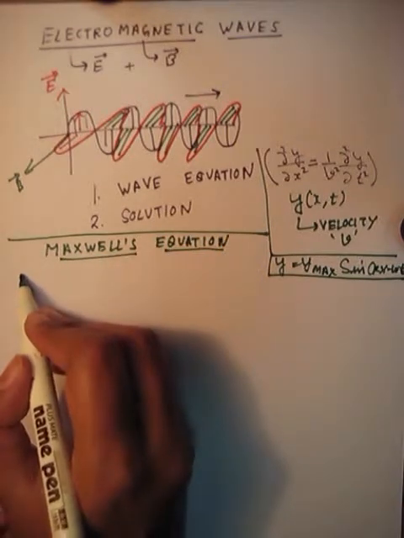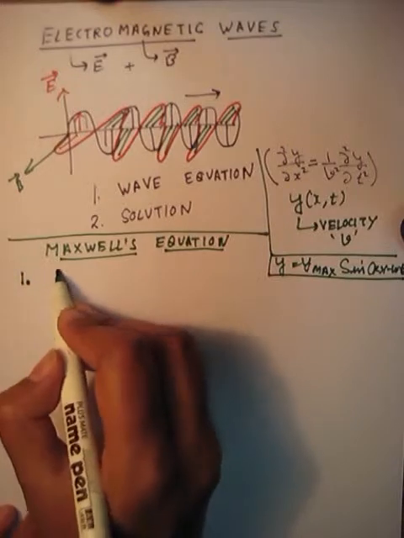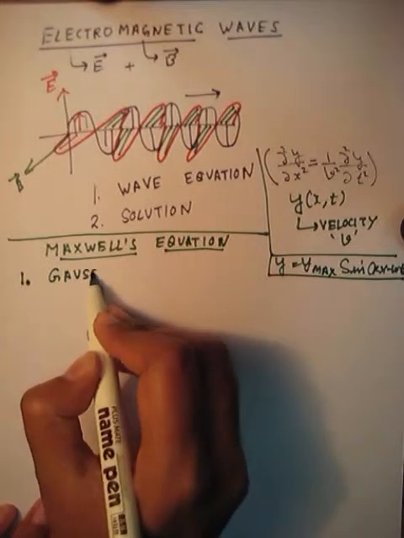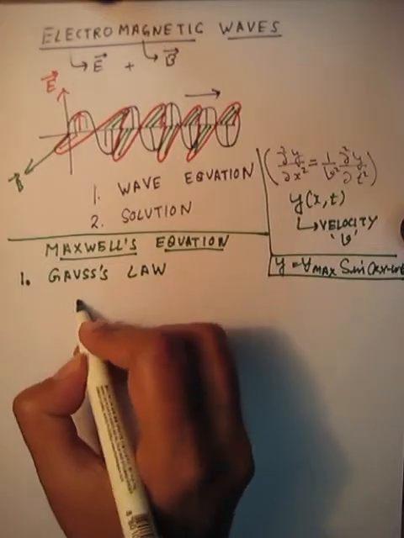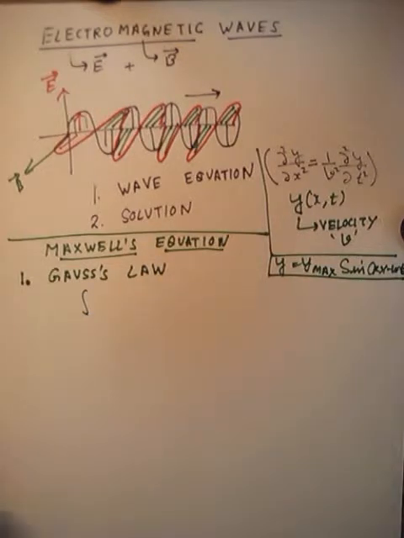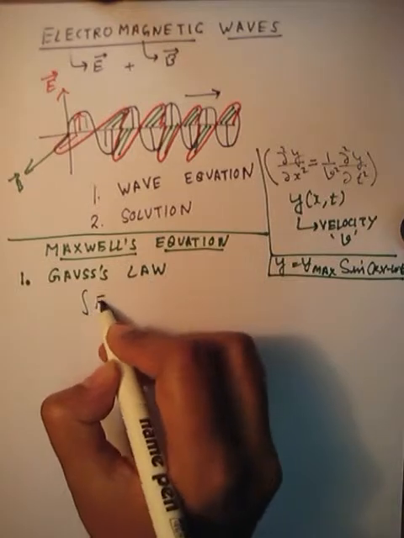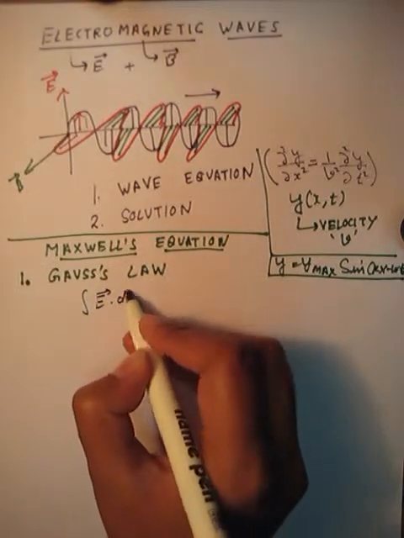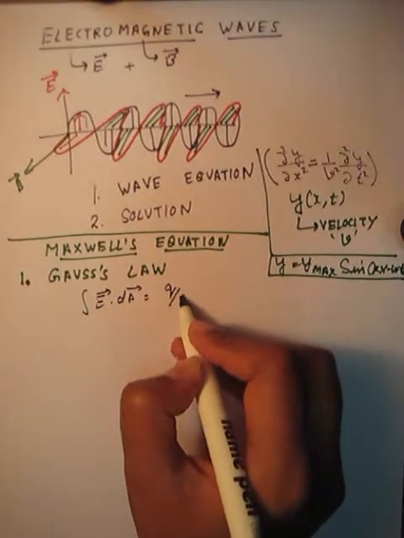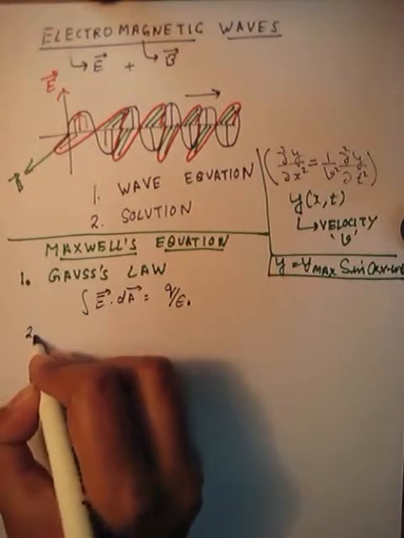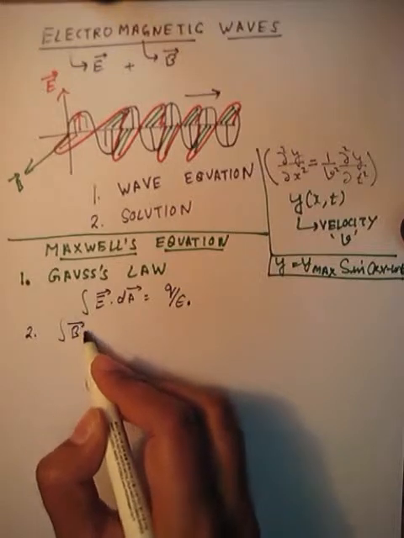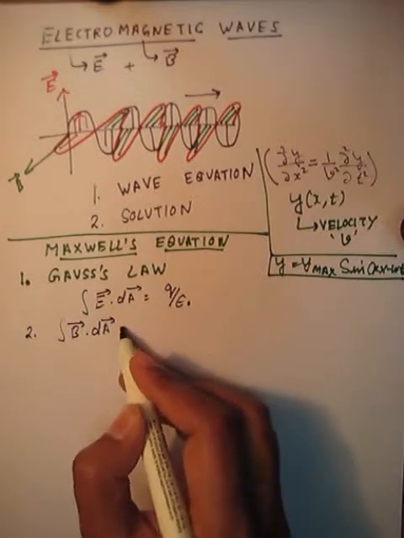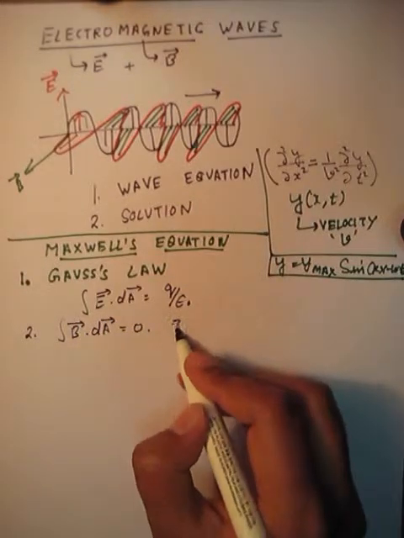The first Maxwell equation would be Gauss's law, which is given by the integral of E vector dot dA vector equals q upon epsilon naught. Gauss's law for magnetism is given by the integral of B vector dot dA vector equals 0.